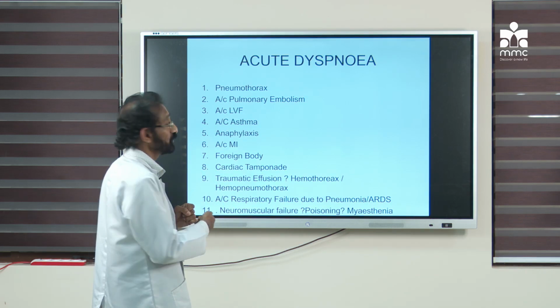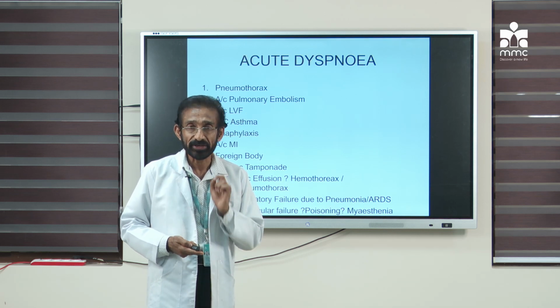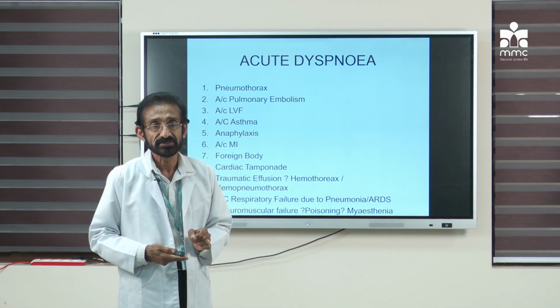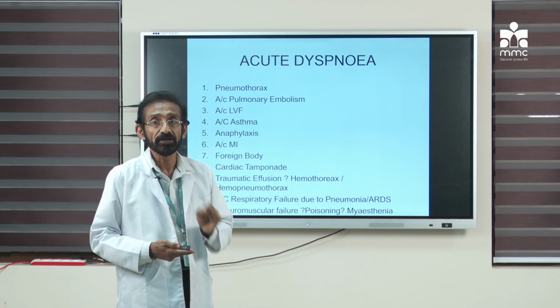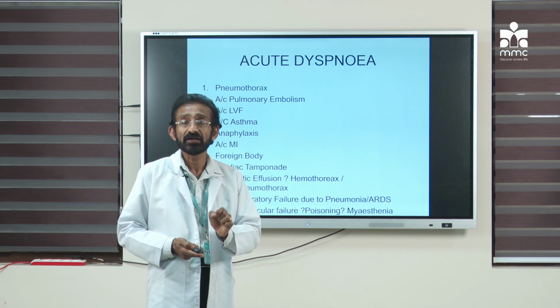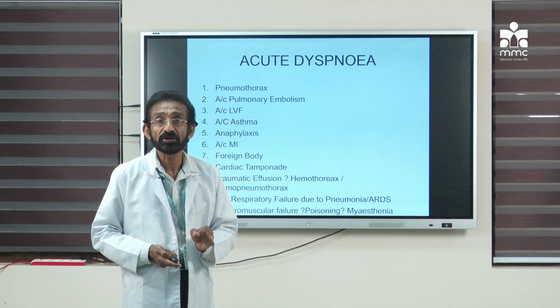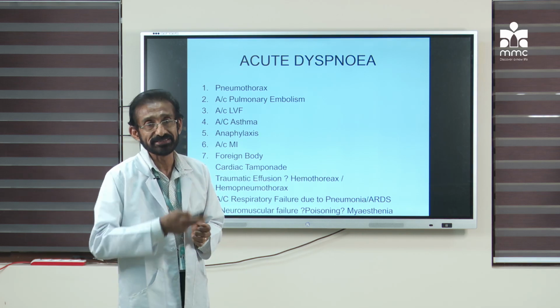nothing but pneumothorax. Remember, at any age, a patient who comes with an acute, sudden onset of breathlessness, who does not have any predisposing factors or comorbid conditions, the first thing to rule out is pneumothorax, because pneumothorax is a medical emergency which also requires a mini surgical treatment.